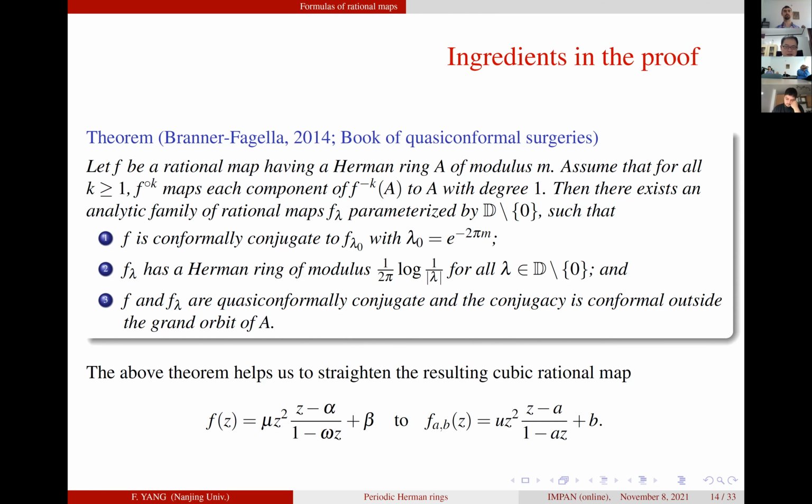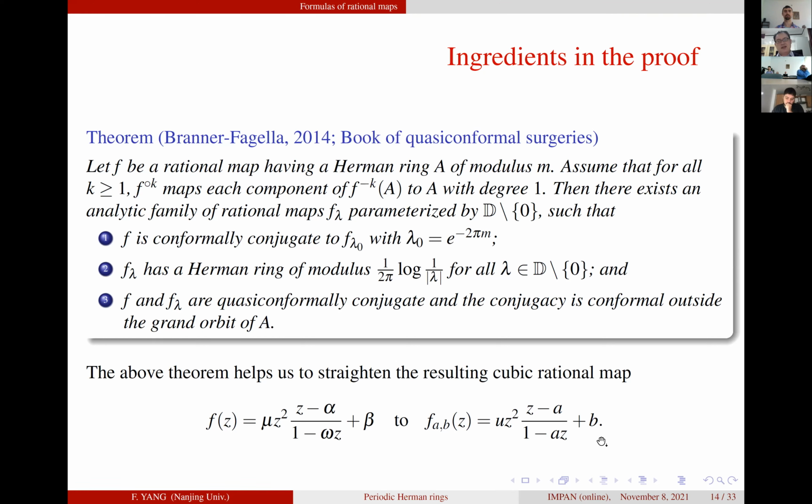If we deform the map, then we can choose a suitable parameter such that alpha and omega equal each other.